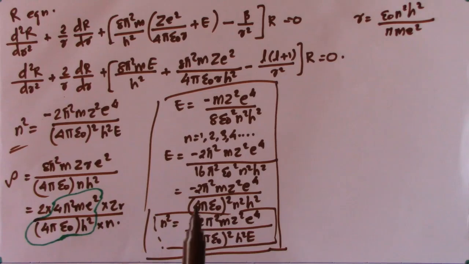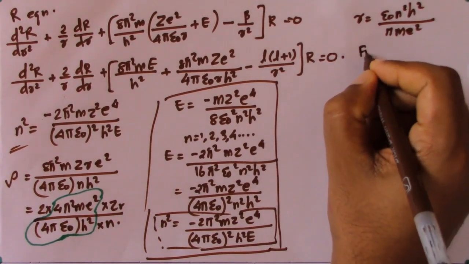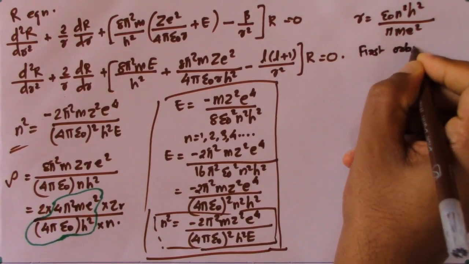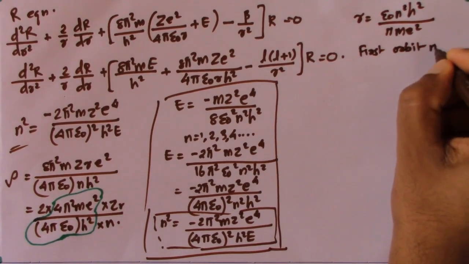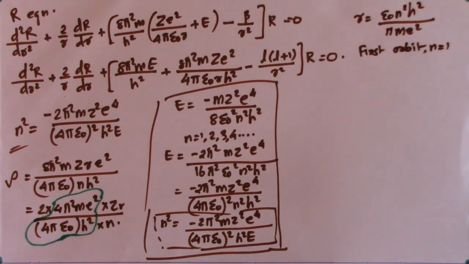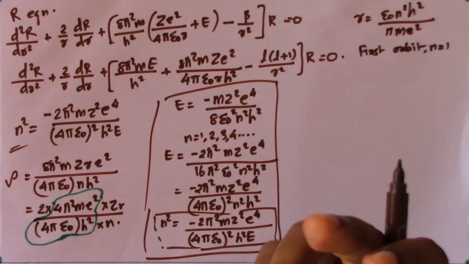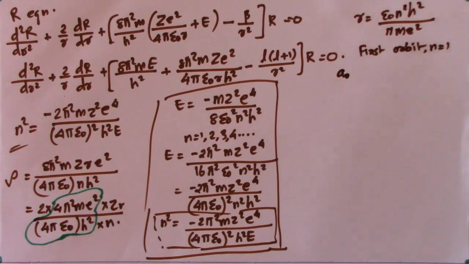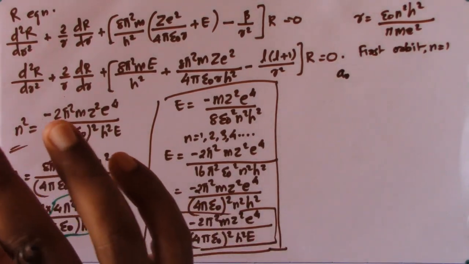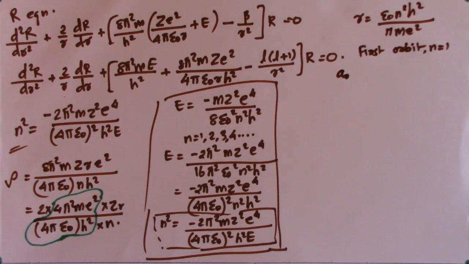If it is Bohr's first orbit, then n is equal to 1. For the first orbit, n is equal to 1. Let me call the radius of the first orbit a0. A0 just represents the lowest possible radius. Radius of the first orbit is the lowest possible radius in the Bohr model.